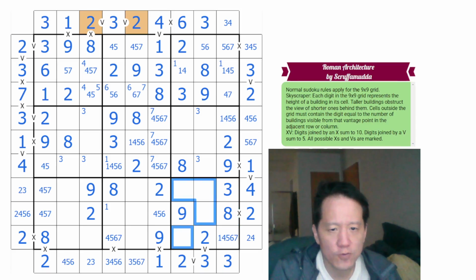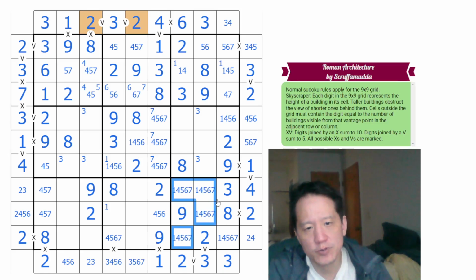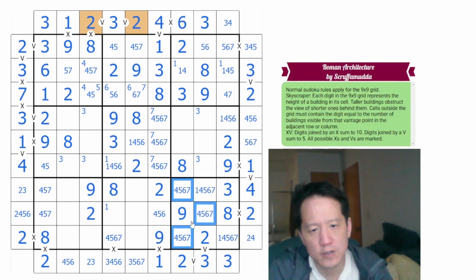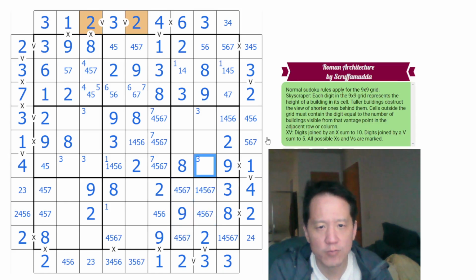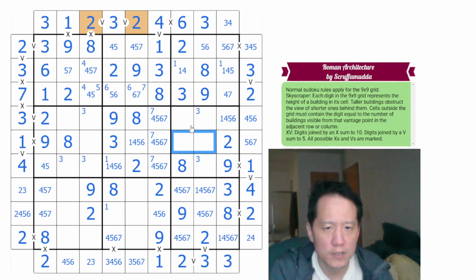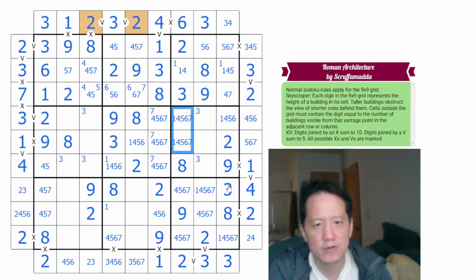This is 1, 4, 5, 6, 7, but these can't be 1 because they would be next to a 9. This can't be 1. It's kind of not that limited. This is 1, 4, 5, 6, 7.